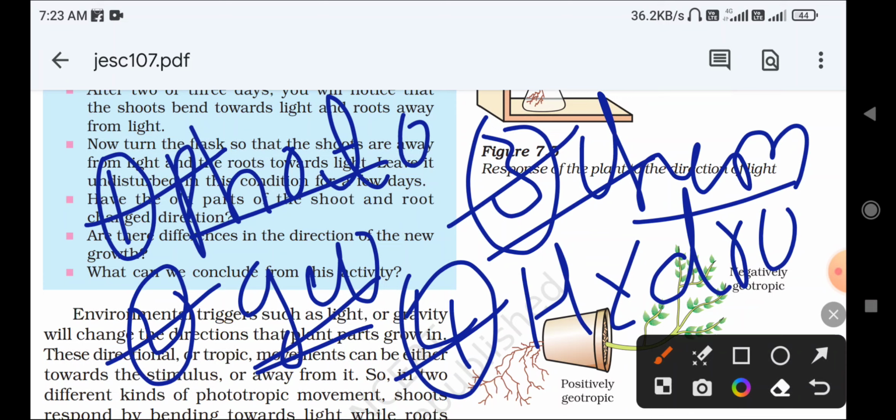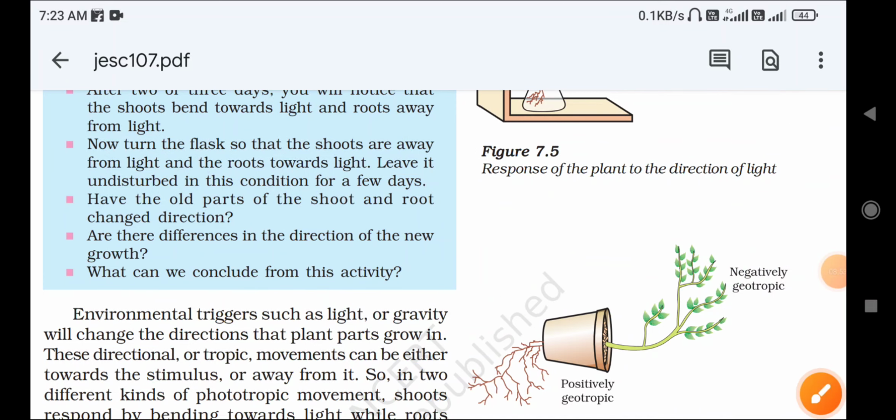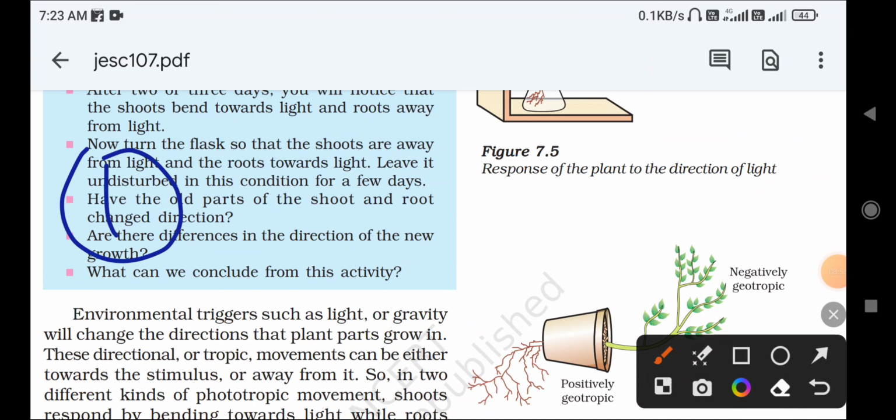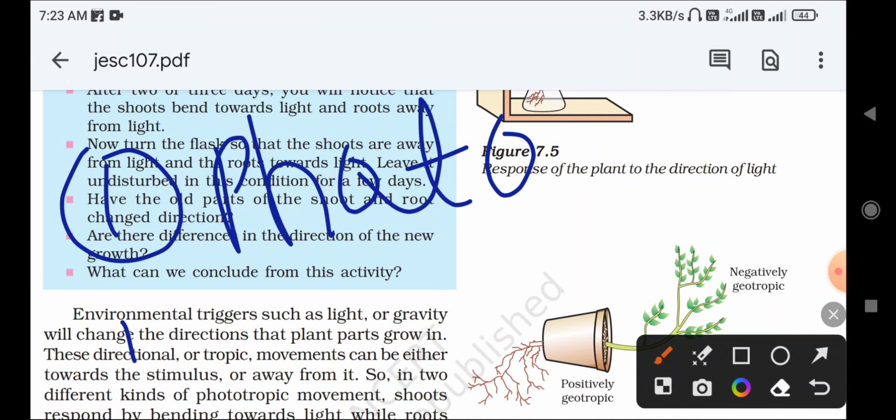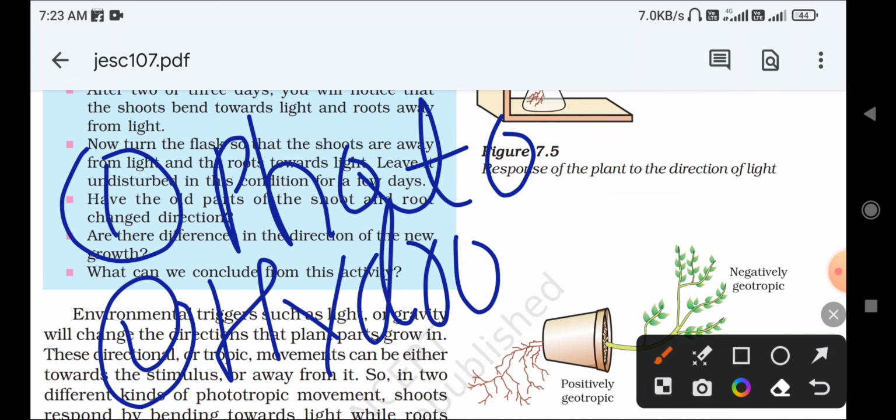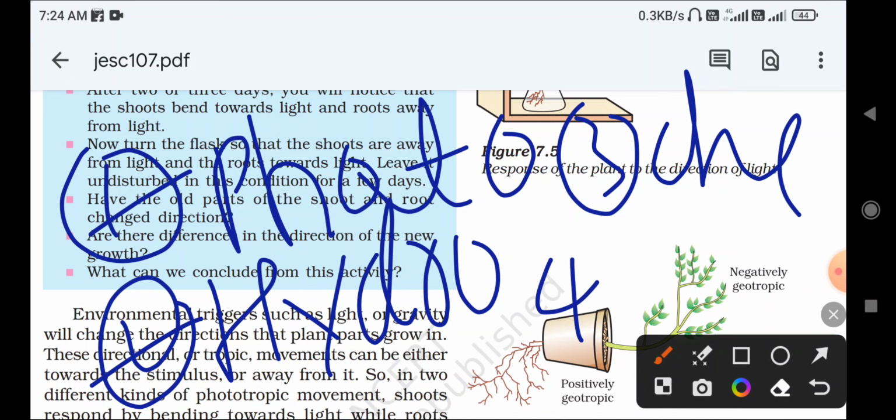This question will be asked for 2 marks: write the tropic movements. You can write one is the phototropic movement, second the hydrotropic movement. You can write them in any random order; there is no need to write them in order. First phototropic, hydrotropic, next chemotropic, and fourth geotropic.